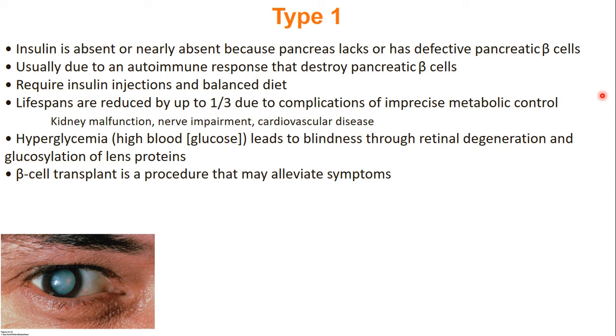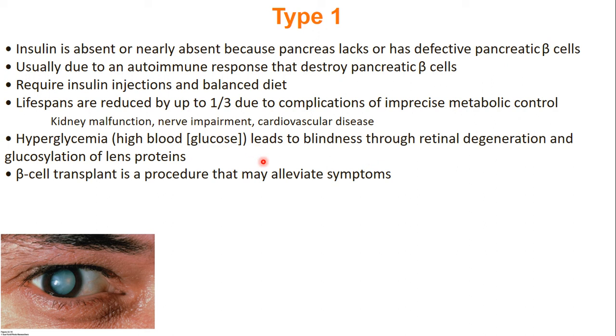Your body can regulate the levels of insulin and glucagon very well as long as everything is working. But if you can't make insulin, it's more of an imperfect science at that point. So you can get things like kidney malfunction, nerve impairment, cardiovascular disease. One of the side effects of having high blood glucose is hyperglycemia.